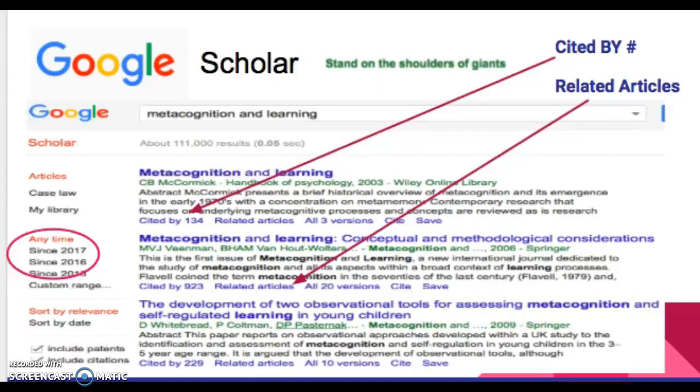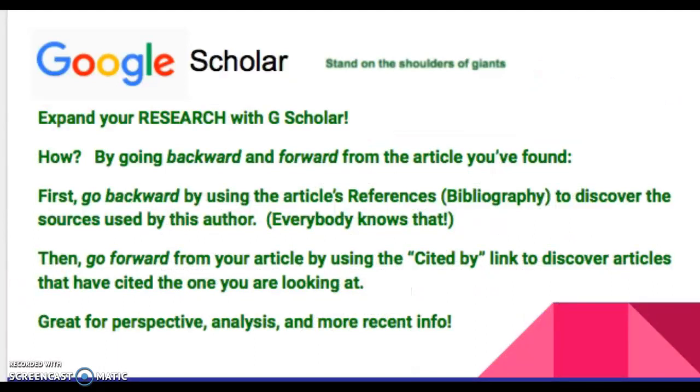a little bit more. So in Google Scholar, you can really expand your research. You can do that by going backward and forward from the particular article that you found. First, obviously, everybody knows that you can go backward in research by using the article's references or bibliography to know which sources that particular author used.